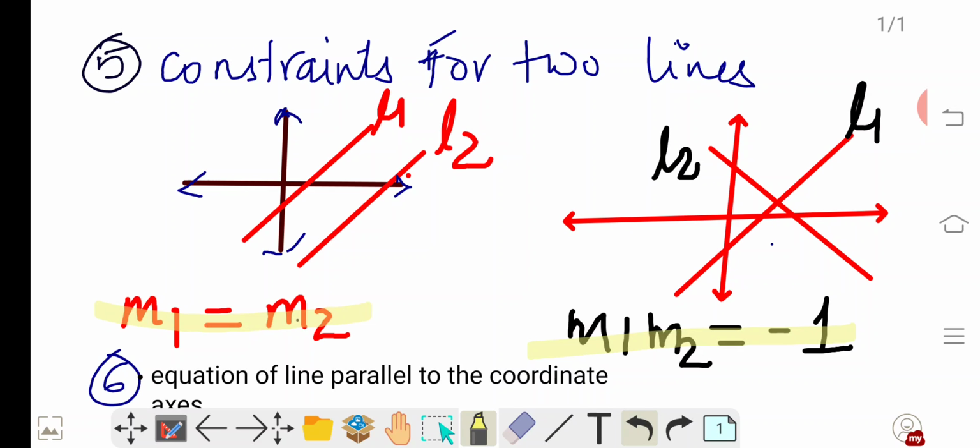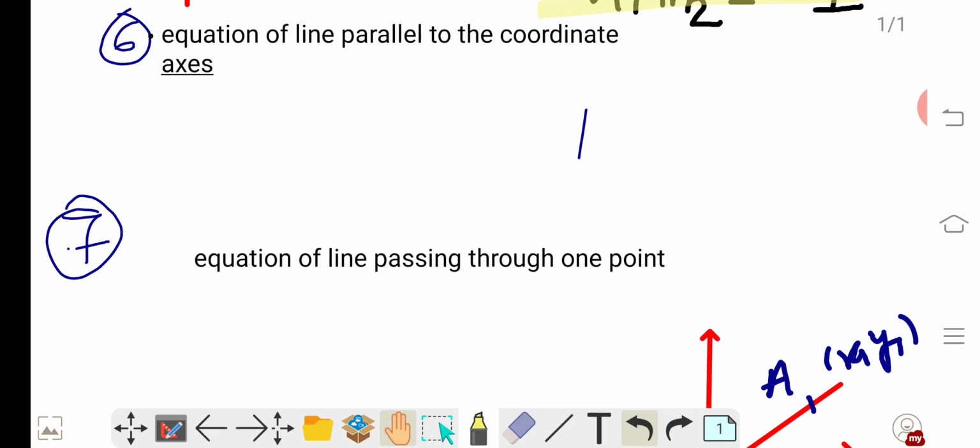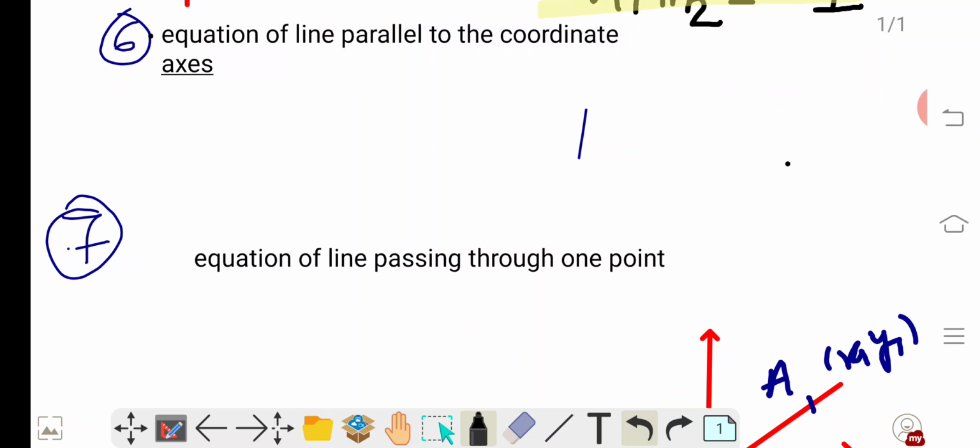Now the sixth point is the equation of a line parallel to the coordinate axis. The line parallel to the x-axis will be y is equal to plus minus k.